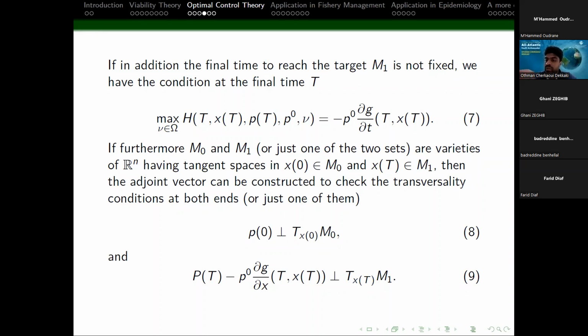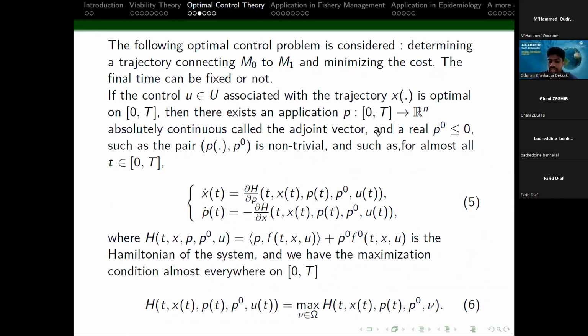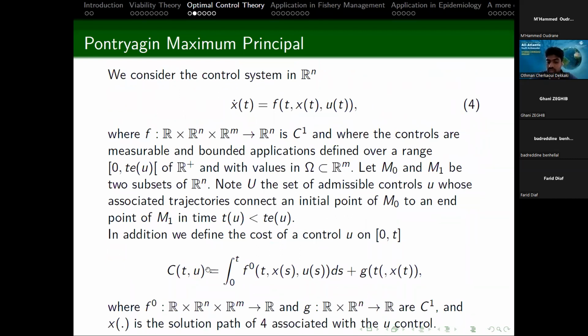However, in our case, we said that the finite time is fixed, meaning that capital T, we know it. So 9 and 8 become almost the same. Why? Because you see here there is this differential of g with respect to time. G, if you don't remember it, is the integral plus the g function.